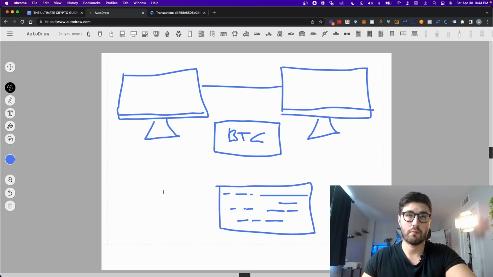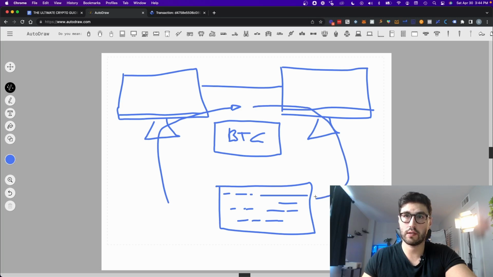So the transaction gets into the network, it gets validated, and then after that, the block is created. And it requires a series of confirmations by several computers before it can be validated.